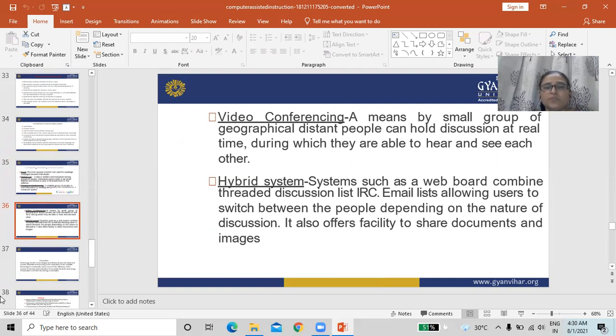Hybrid systems such as a web board combine a threaded discussion list, IRC, and email list, allowing users to switch between them depending on the nature of the discussion. It also offers facility to share documents and images.